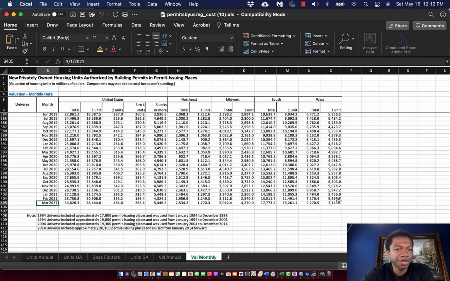And let's see, if we look at March of 2021 and March of 2020, we can see that it's about 10,000 points higher on this scale.